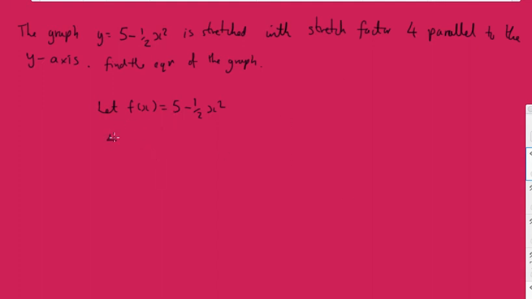So we're going to have 4 f of x. So it's going to be 4 times 5 minus 1/2 x squared, which will be 20 minus 2x squared. So this will be the resulting graph.